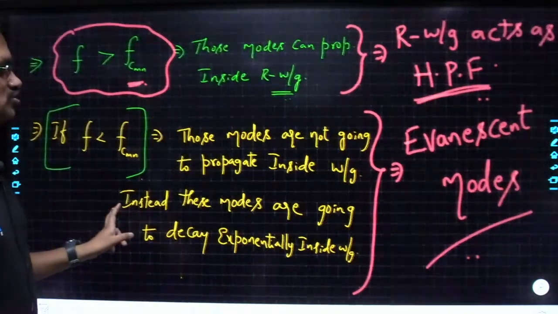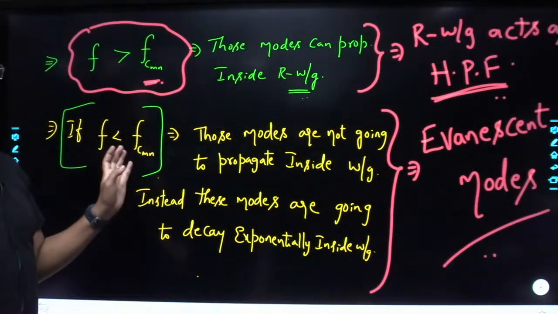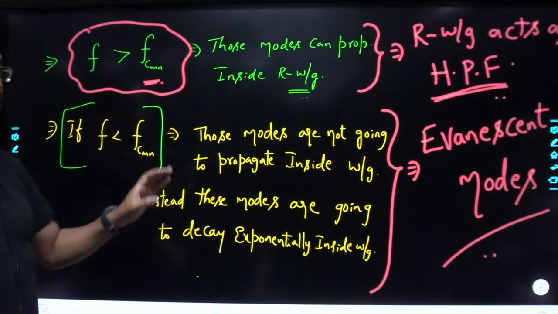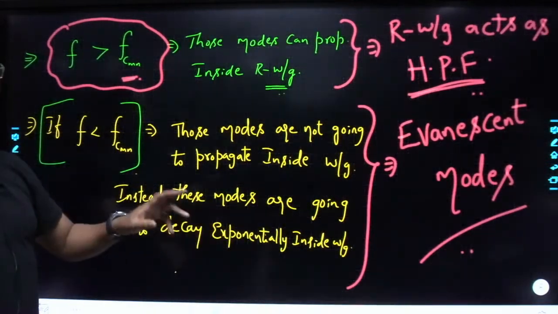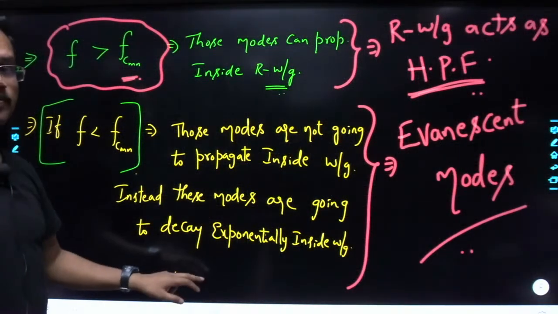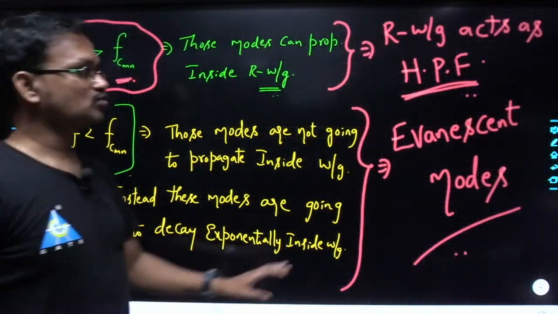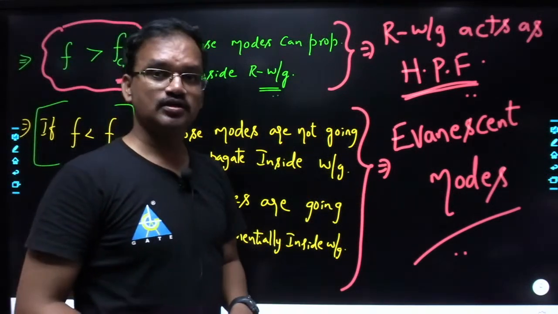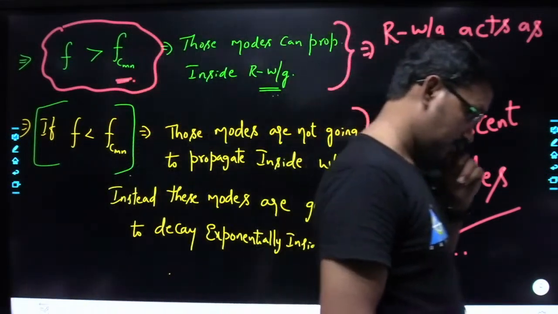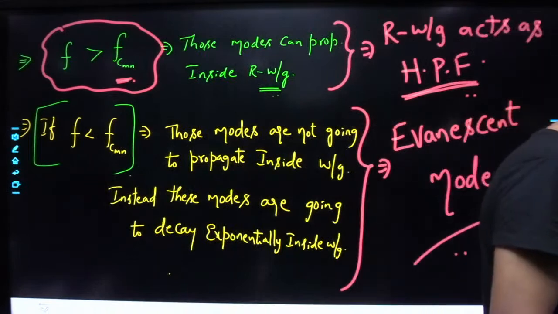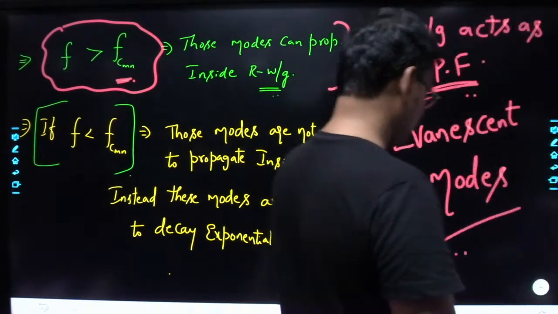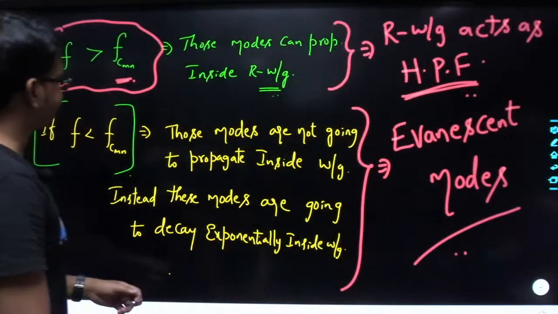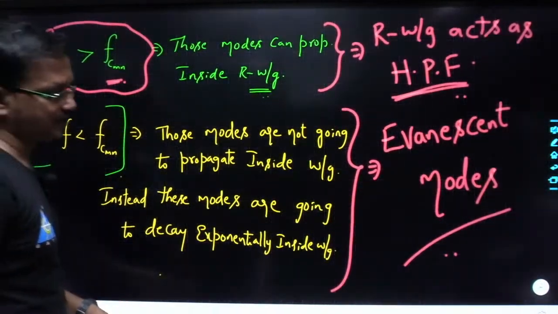And the modes for which the operating frequency is less than the cutoff frequency are going to attenuate inside the waveguide. So those modes we call them as evanescent modes, right?